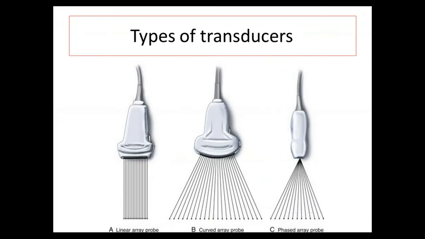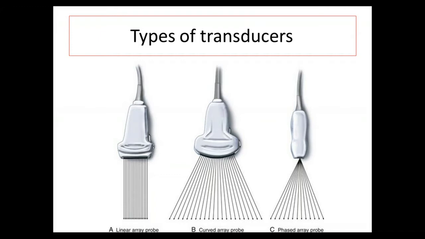And transducers, we have three main types of transducer, and any one of them can be used in lung ultrasound. Linear array can penetrate superficial structure because most of the linear array probes are with high frequency, and also can give you a good surface area of assessment.